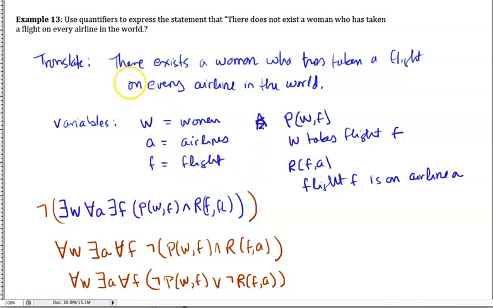So the negation of there exists a woman who has taken a flight on every airline in the world can be translated as, for every woman, there is an airline for which every flight, either the woman was not on that flight or the flight was not on that airline. All right, I know, a bit confusing. Okay, so let's stop here.